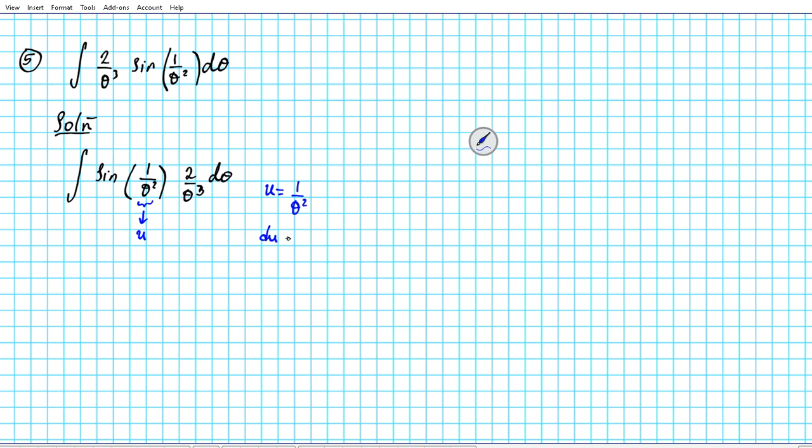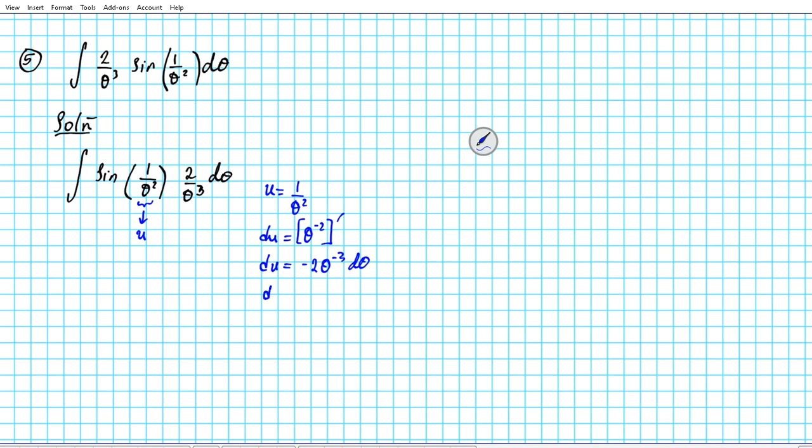In order to differentiate this, we have to rewrite it as theta to the negative 2, so we can use the power rule. So du is going to be negative 2 theta raised to the negative 3 d theta. That's by applying the power rule for differentiation.